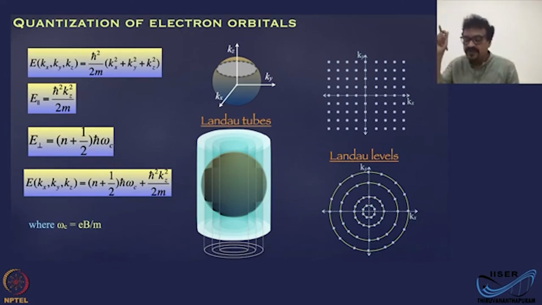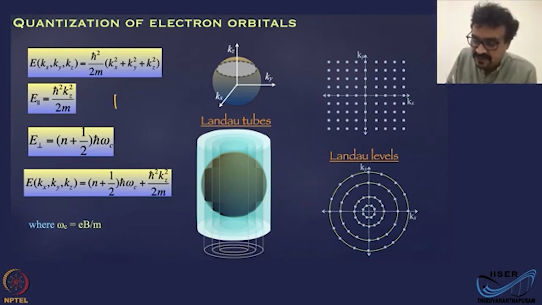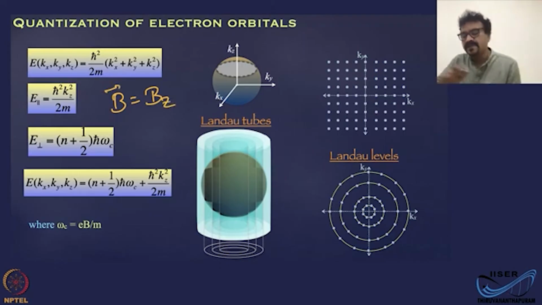Now you have a magnetic field. Say that field, the B field, is in the Z direction. That is the situation.